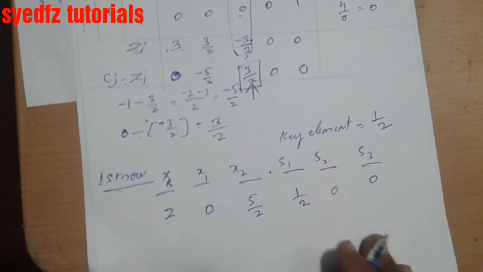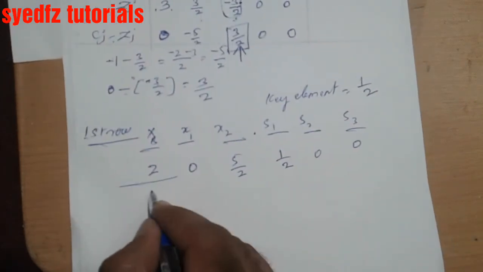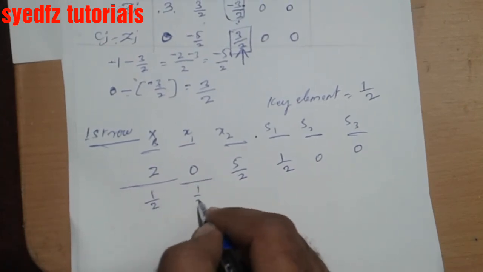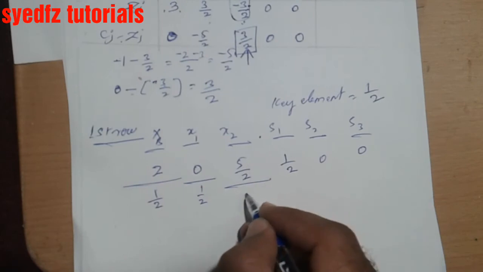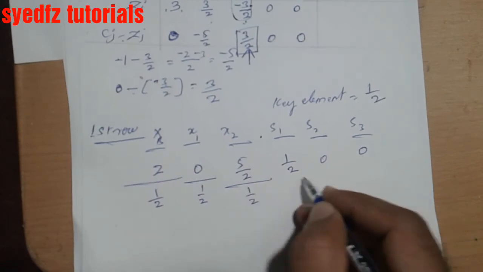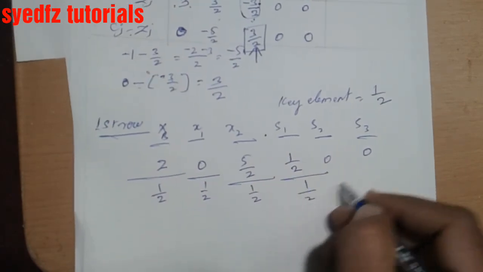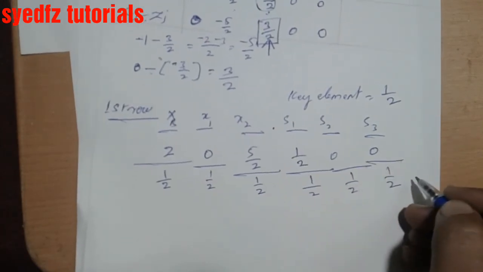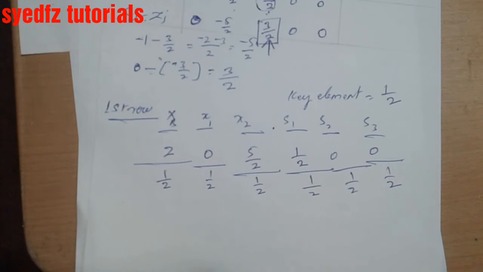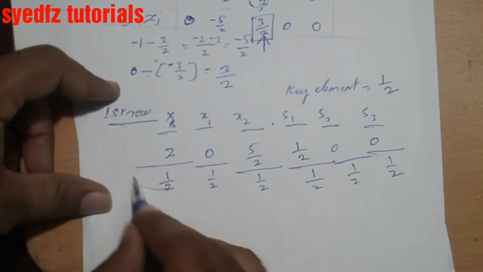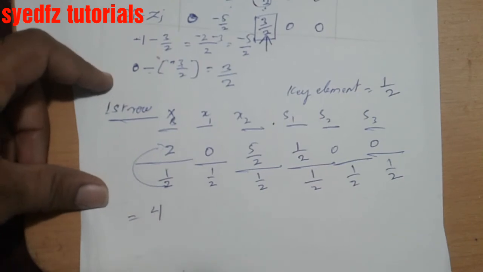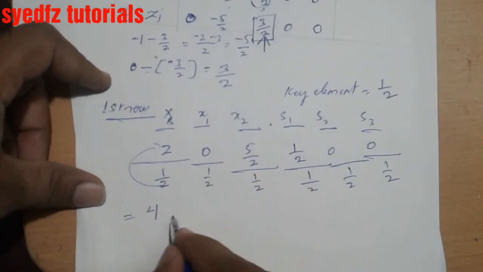Now take the key element. Key element is 1 by 2, 1 divided by 2, and 1 divided by 2. So now calculate. 2 2s are 4. 0 divided by any value is 0.